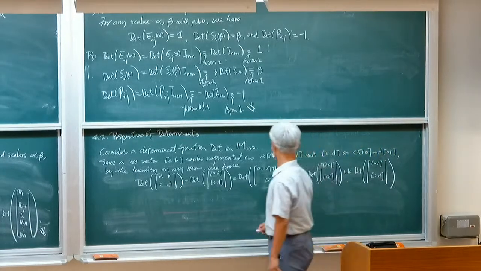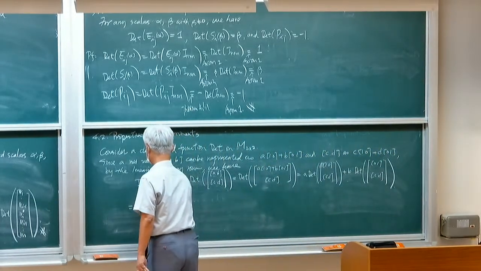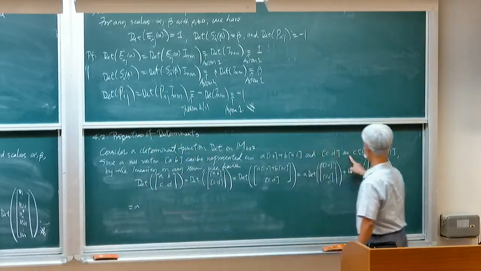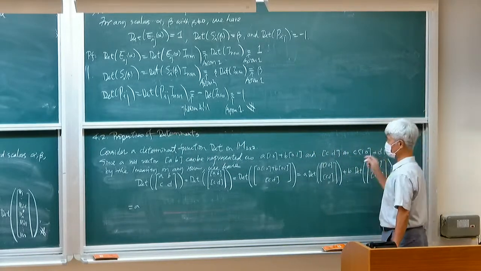All right, and next, (c, d) can be represented as this linear combination.